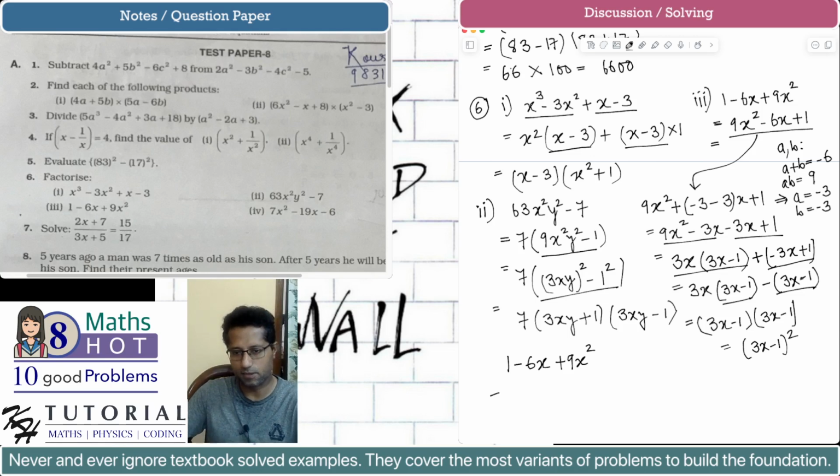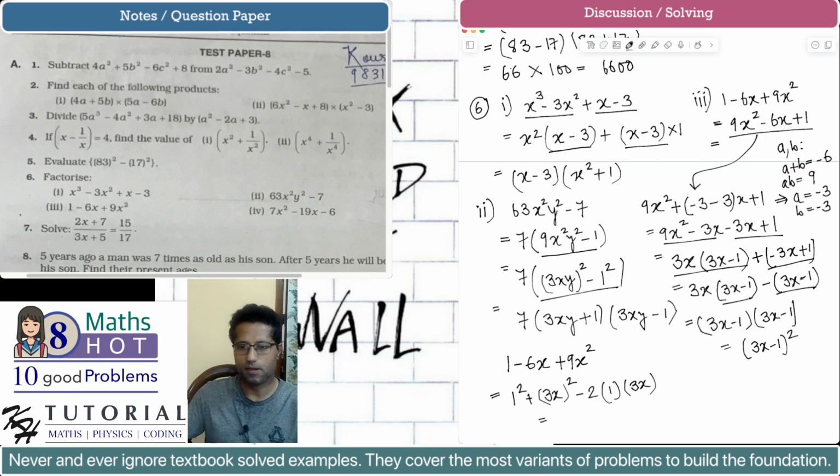Now I can clearly see that this can be written as 1 square plus 9x square, which is the square of 3x. So I already got the a square plus b square form. Now I need to check whether I have minus 2ab, where a is 1 and b is 3x, and I indeed see that it is minus 6x, which is in the given polynomial.